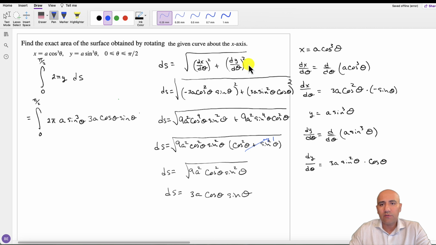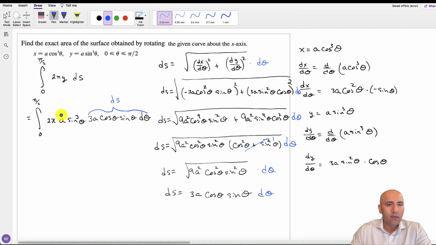Okay, so this is supposed to have a d theta at the end here. So there's a d theta here, times d theta. Okay, so then that means this whole thing, 3a cosine theta sine theta d theta, is my ds. And this right here is my y. So 2 pi y ds.